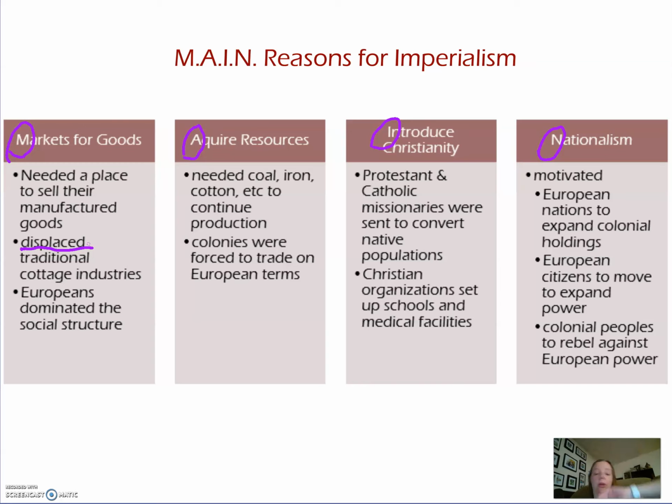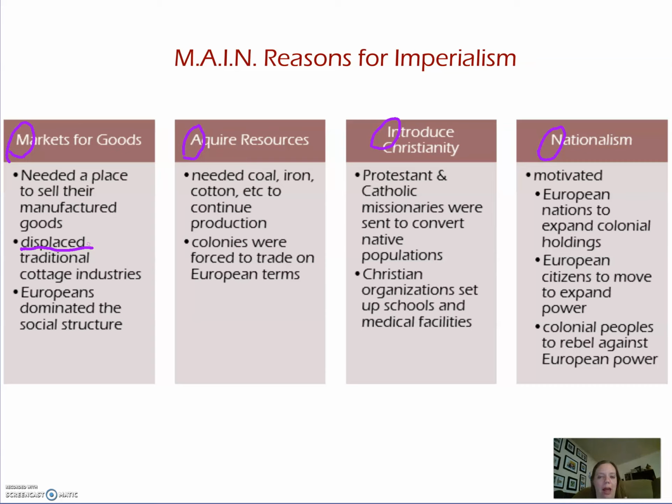And as with a lot of things that we've talked about in the past, the European or American white culture, Christian culture, is going to be now the top of the social structure, even though they're taking over land everywhere else. Another is to acquire resources.